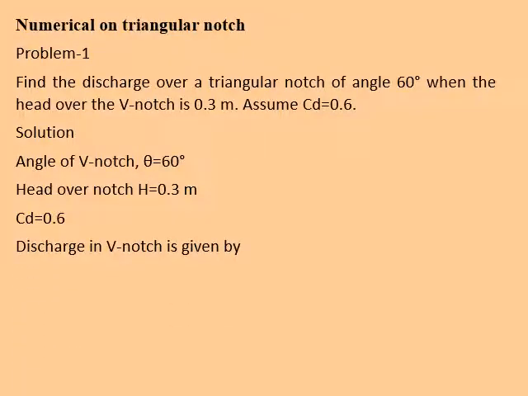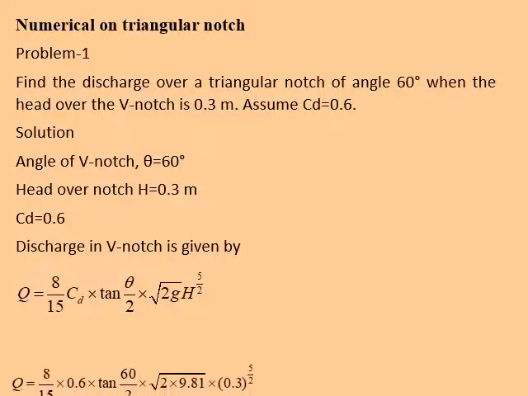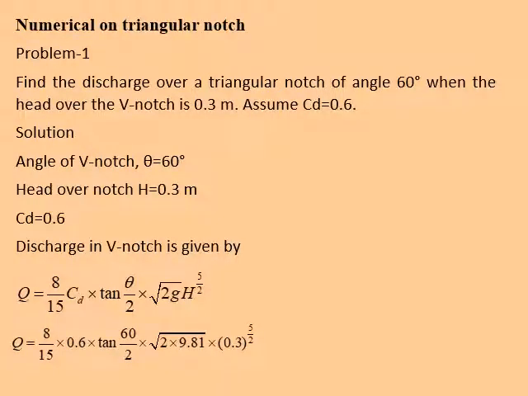Then the discharge in a V notch is given by the expression Q is equal to 8 by 15 into CD into tan theta by 2 into square root of 2g multiplied with h power 5 by 2. Now substitute the values here.